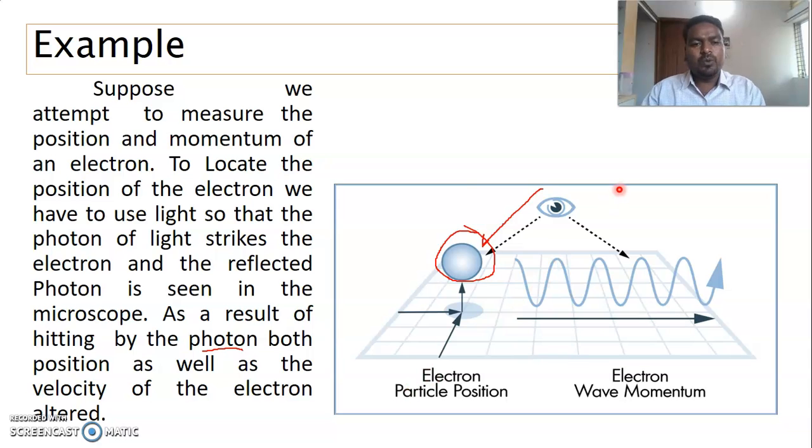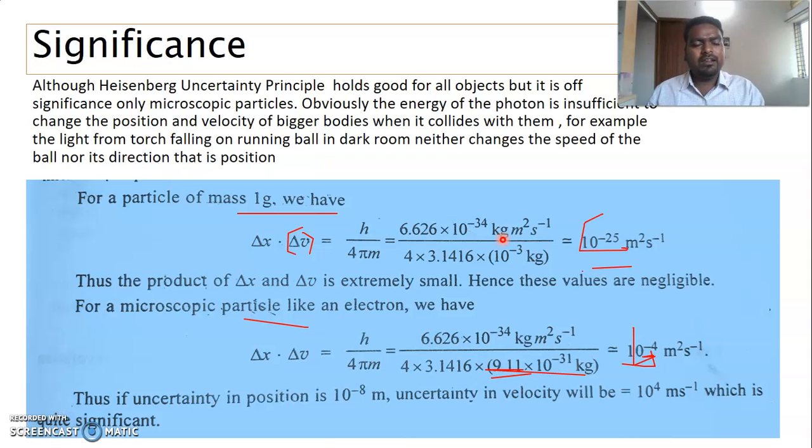We understood it by taking some examples: we attempt to identify the position of an electron using a microscope, and the position of a ball in a dark room, and we apply the Heisenberg uncertainty principle to microscopic particles like an electron and a macroscopic particle of mass 1 gram. After calculating the uncertainty values, we get two different values.